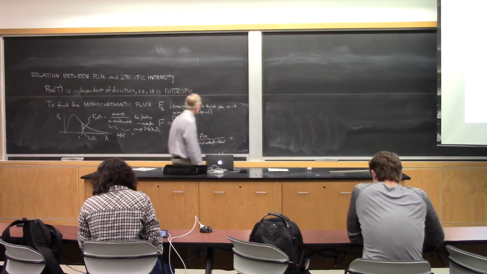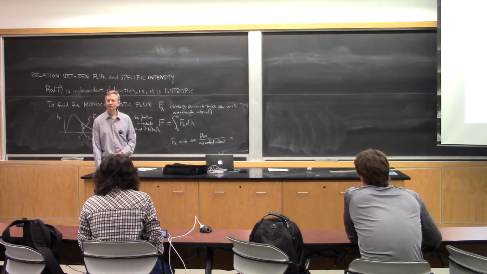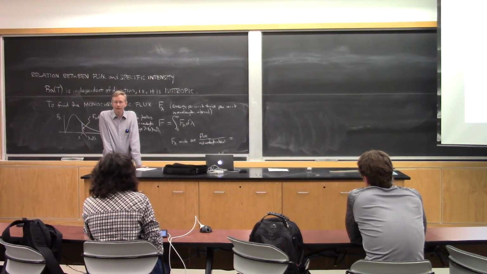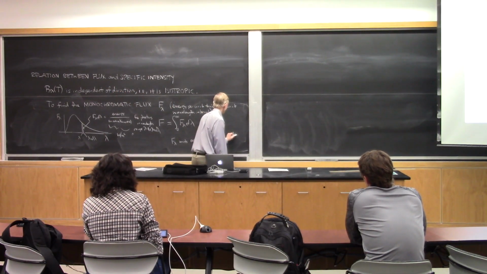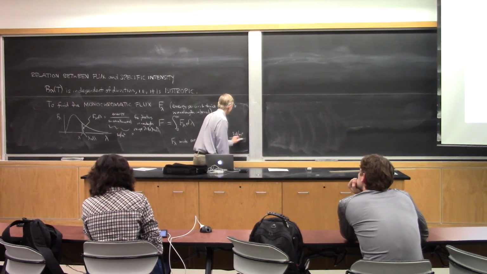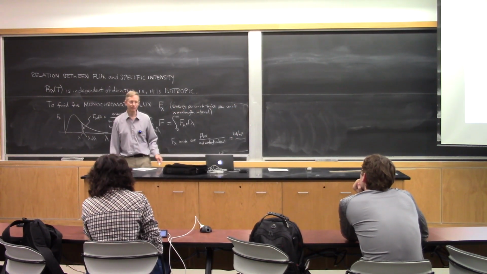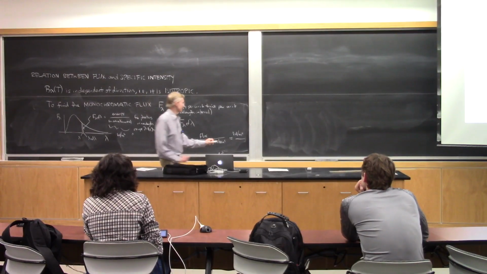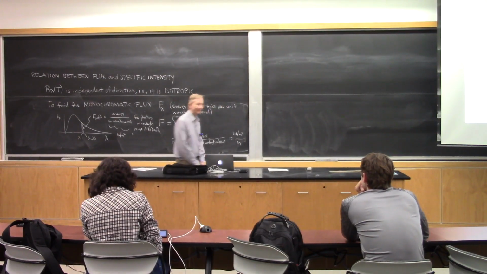So what are the units of flux again? It's power per square meter. So the SI units are watts per square meter. What about the per unit wavelength interval? A wavelength is what kind of thing? Is it a time? Is it a distance? Is it a temperature? Meters, yeah. So it's watts per square meter per meter.